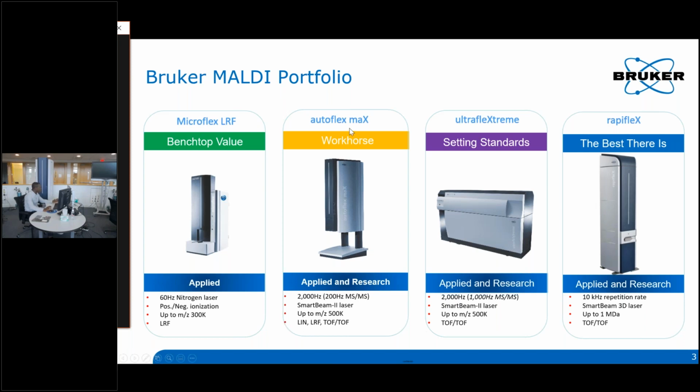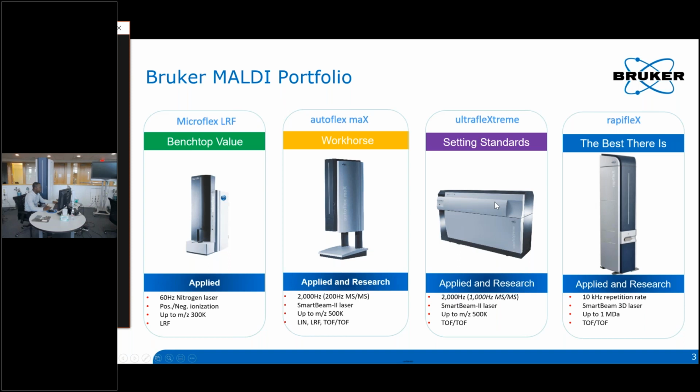Next up in line, we have the Autoflex Max. This is our all-around workhorse, basically equipped and able to do any MALDI analysis there is, including imaging and MSMS experiments, which you usually need for structural elucidation or to be confident that the end groups that you've attached on certain series are what they are. And next up, we have the Ultraflex stream and the Rapiflex. These are higher spec, higher speed instruments. Mainly the Ultraflex stream is our gold standard for polymer analysis.